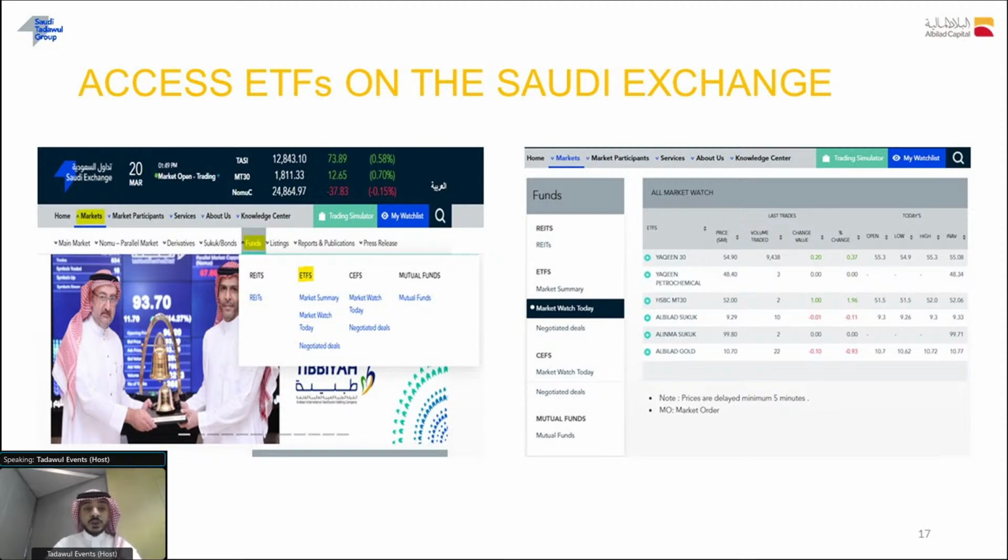There is also the Al Bilad Gold ETF, which tracks the price of gold and can give you direct exposure to gold prices without having to invest in gold abroad. This is only an idea of the ETFs available on the Saudi exchange. You can visit each ETF by itself and find more information about it.